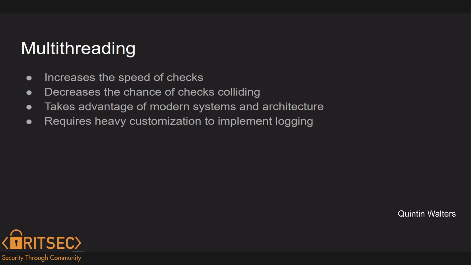Because it took so long to run through all of the checks, it would start colliding with the execution of the next check. This caused a lot of time between when you get the previous check and the next check for a challenge. And I wanted to reduce that amount of time as much as possible.